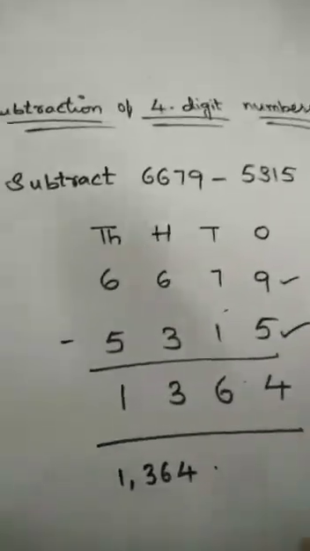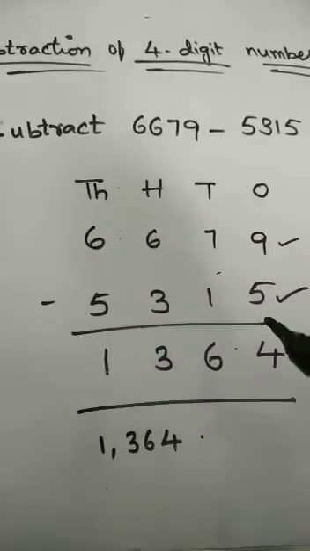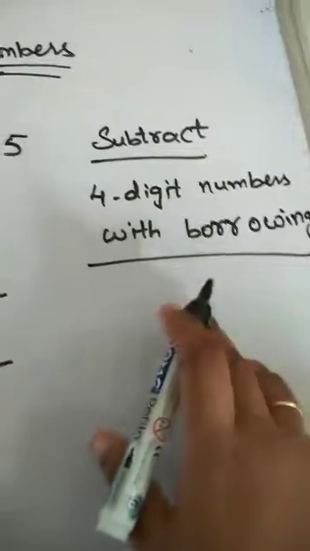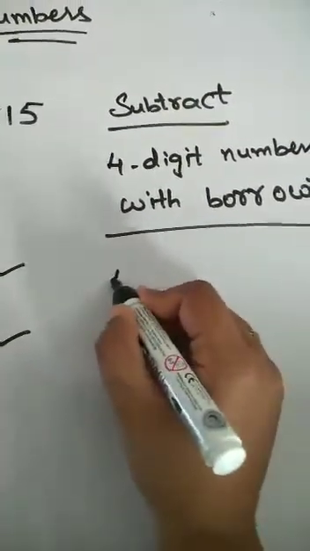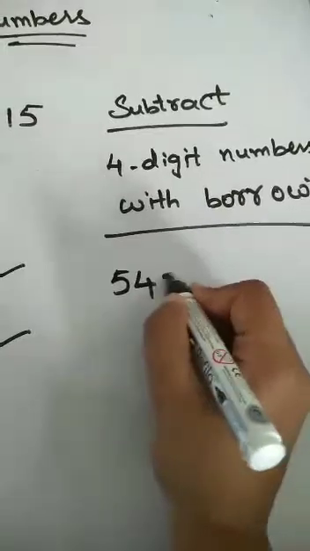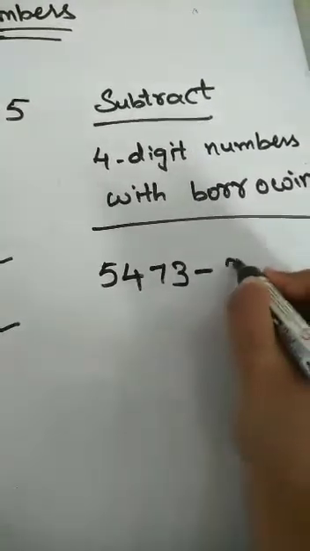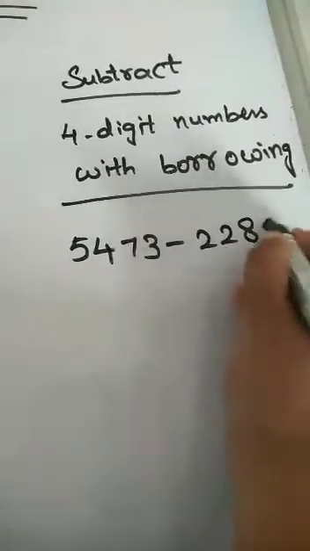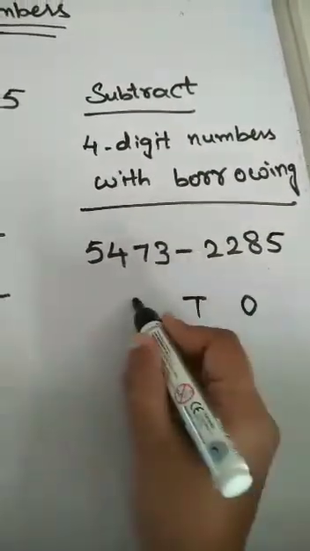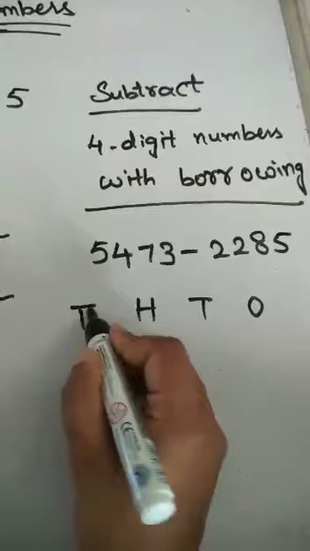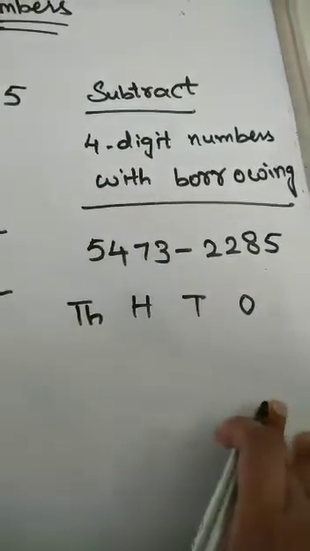Now subtraction of 4-digit numbers with borrowing. Subtract 5473 minus 2285. Same: ones, tens, hundreds, thousands.